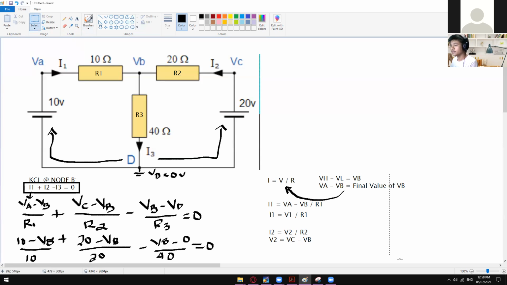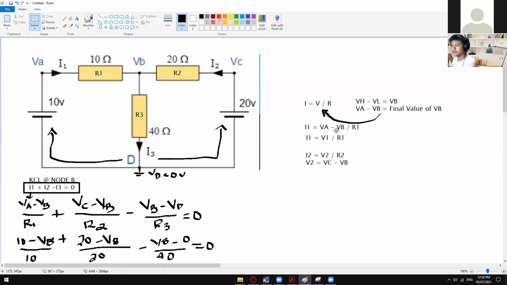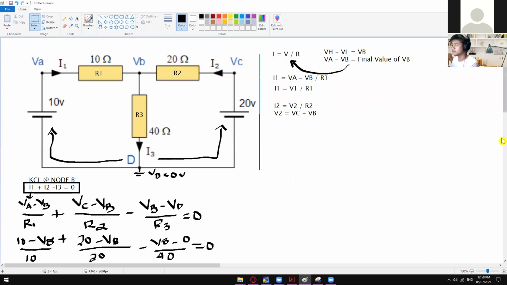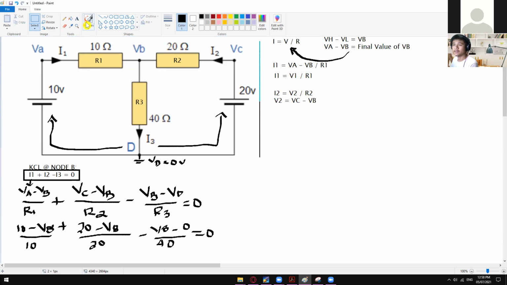Then after that, you can simplify it further by multiplying the entire equation by 40. I'm multiplying this by 40 since I would like to eliminate the denominators. After having this, 40 divided by 10 is 4, so 4 times (10 minus VB), plus.